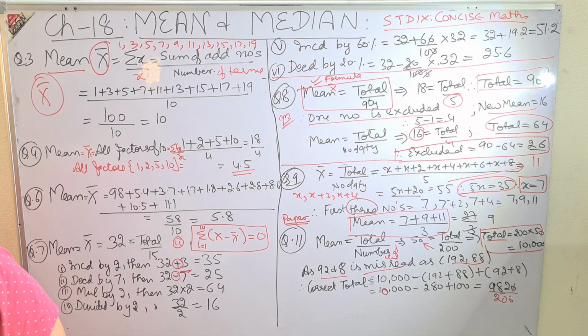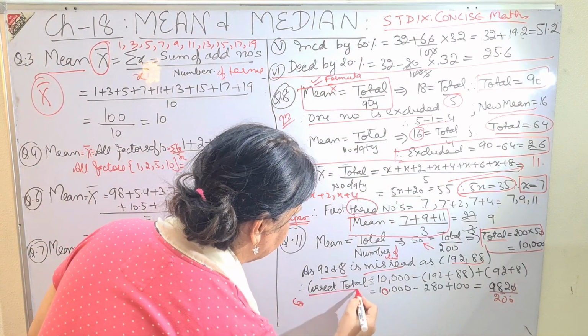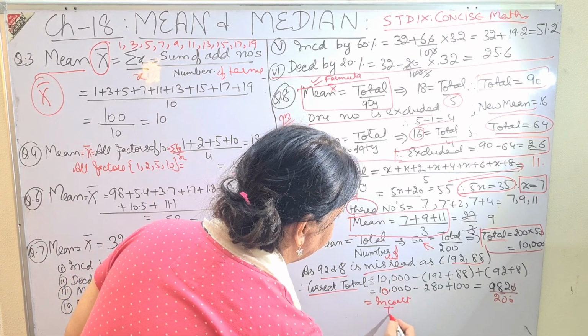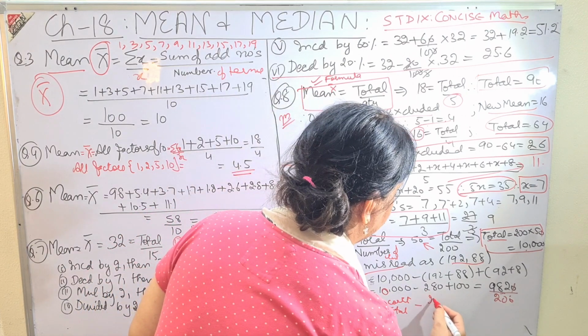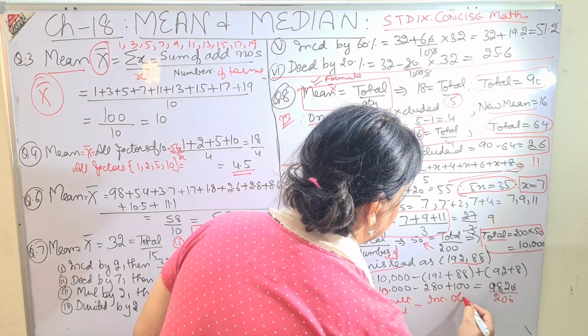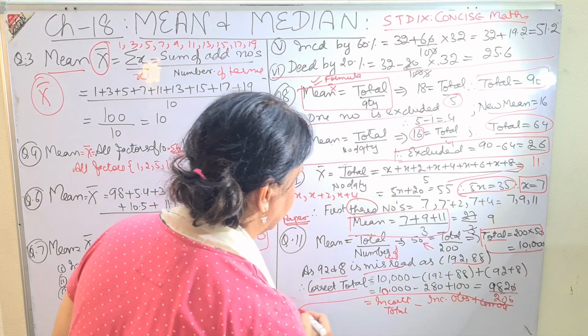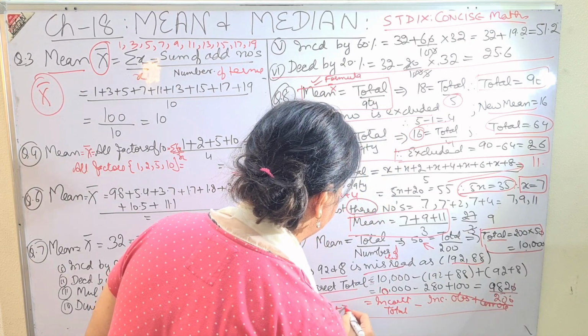I am writing here, correct total is equal to incorrect total minus incorrect observations plus correct observations. This formula you have to write. That is why I have marked it with red pen.